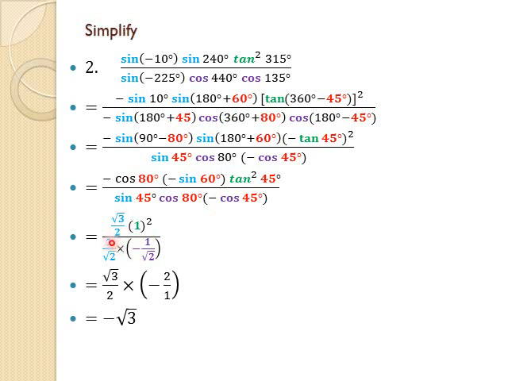If I multiply at the bottom, 1 times negative 1 becomes negative 1. Square root 2 times square root 2 becomes 2. Change this division line to multiplication, so that is 1 over 2 will become 2 over 1, but remember it is negative. So square root 3 times 2 divided by 2, the 2's cancel and I'm left with negative square root 3. So hope you enjoy.